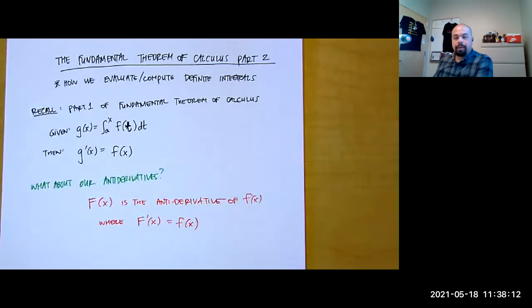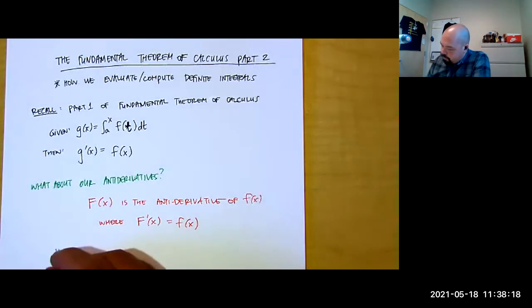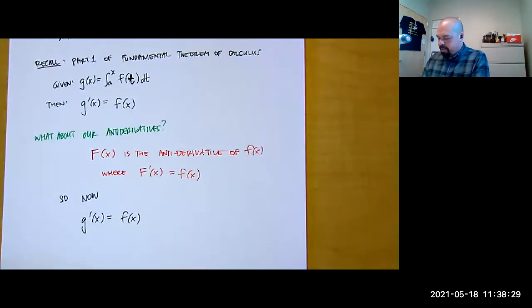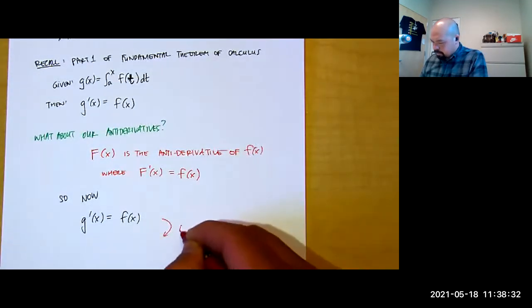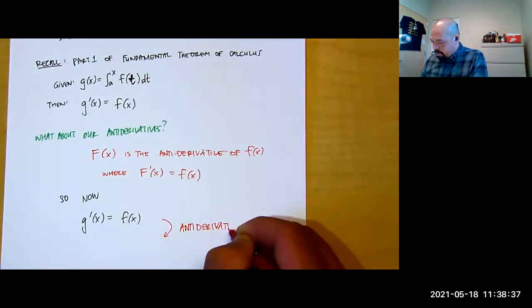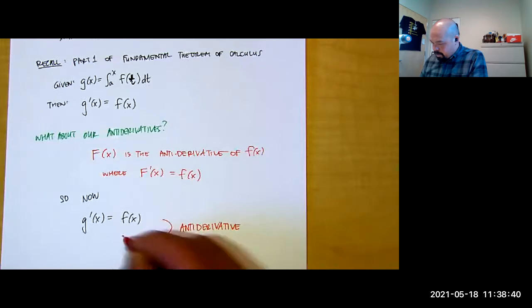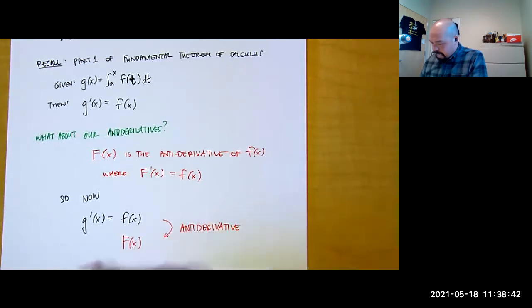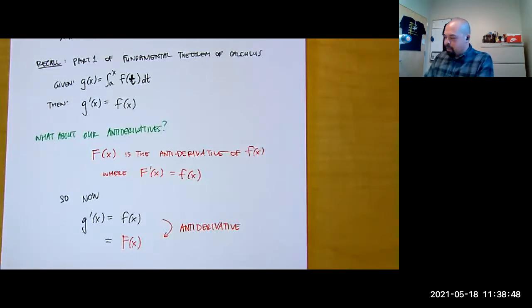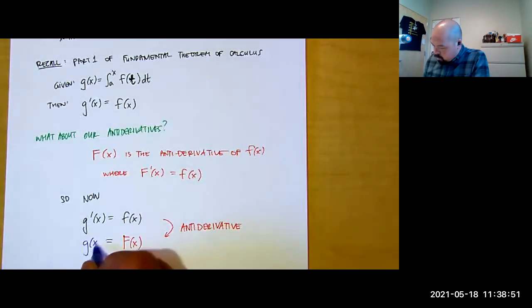Right? So now, when I see that g prime is equal to f of x, then if I go to the anti-derivative capital F of x, doing that same operation of finding the antiderivative on both sides, that must be equal to g of x.